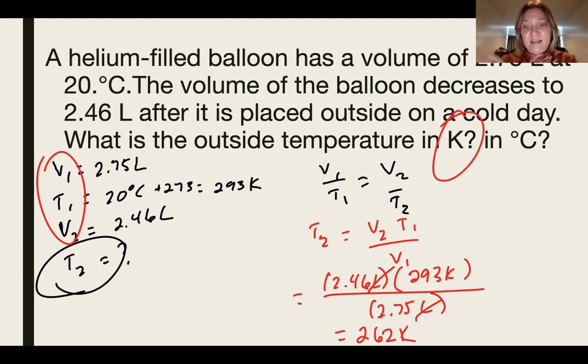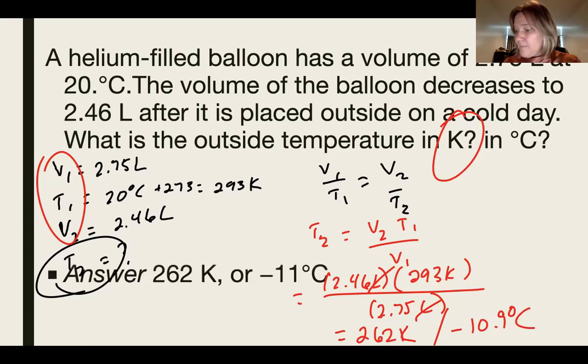If you want to go from K to C, you subtract 273. So I'm minus 273, and that equals negative 10.9 degrees C. And Bob's your uncle. That's it. Pretty straightforward. 10.9 or 11, same thing.